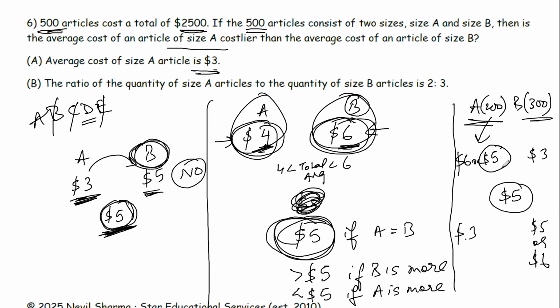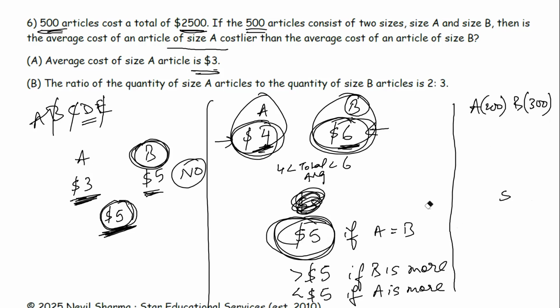To further clarify, let me give you an example. Let me get rid of these numbers and give you actual numbers. We already know that the average is 5, which we know from the question stem.